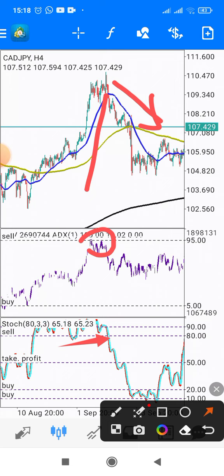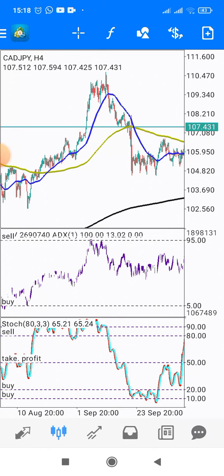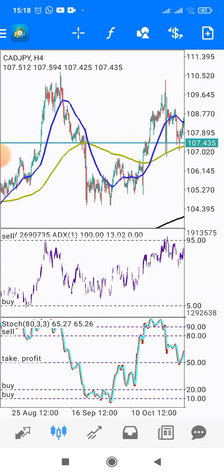We sell if the market is descending. That is the first condition. Now you sell.